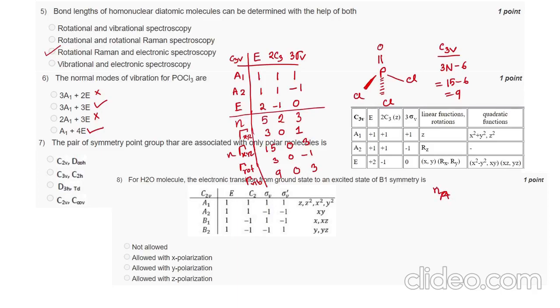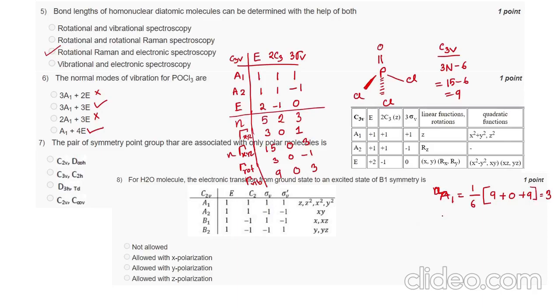Now if you calculate n of A1, the order is 6. Now 9 into 1 plus 0 plus 3 into 3 into 1, that is 9, so you are going to get 3 A1.